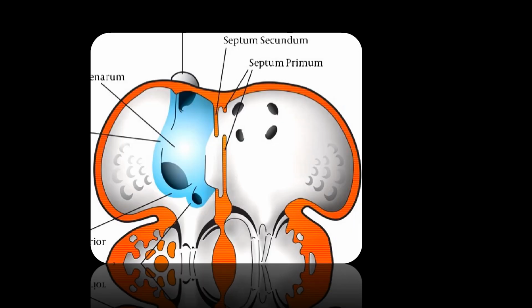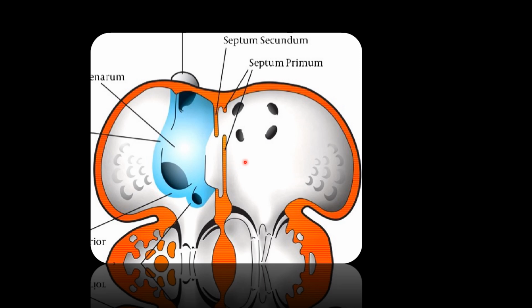Now, the progressive growth of the septum primum occurs, and this is going to fuse with the septum intermedium. So this closes the foramen primum.